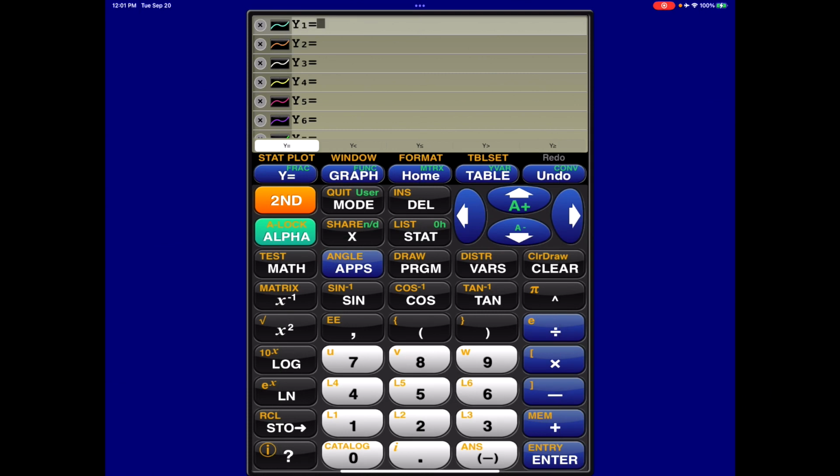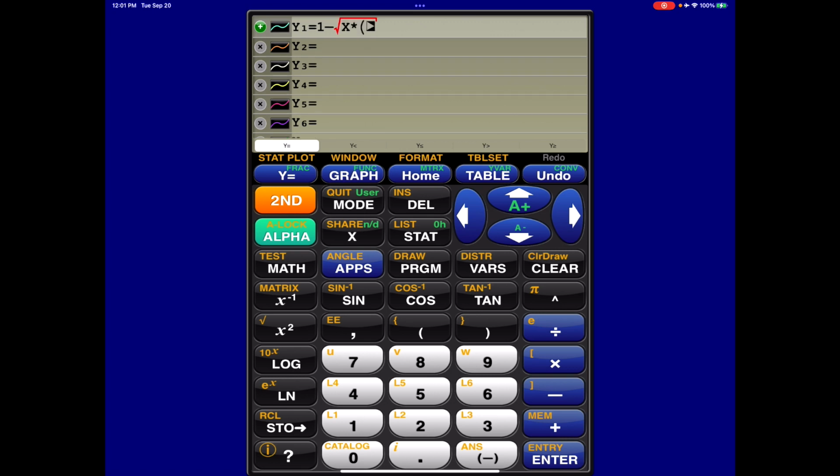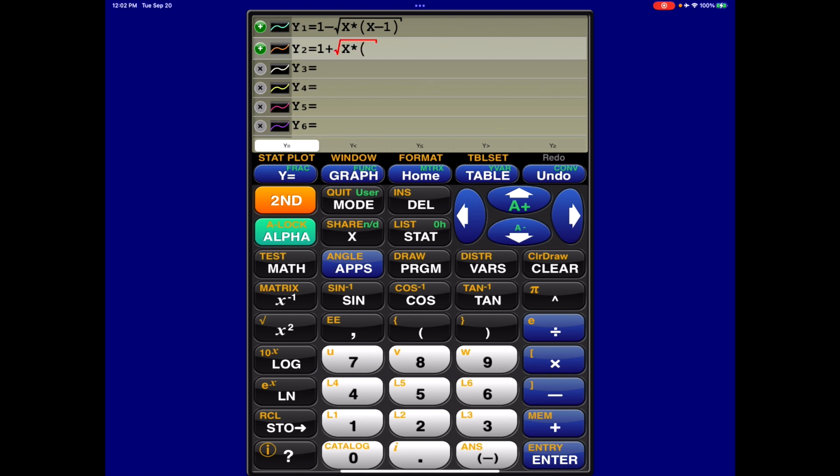If we let y1 equal 1 minus the square root of x times quantity x minus 1, and y2 equal 1 plus the square root of x times quantity x minus 1.